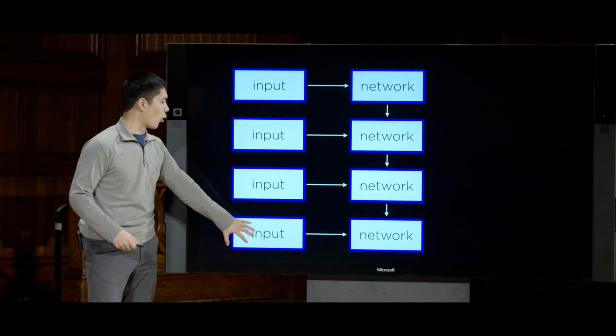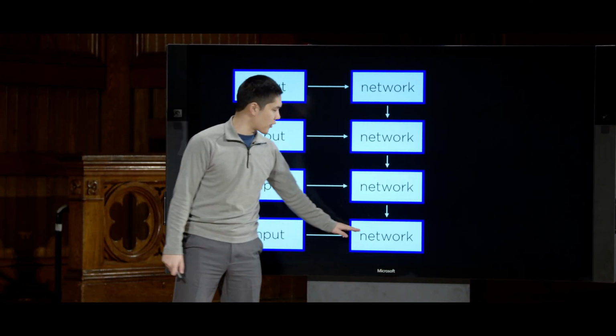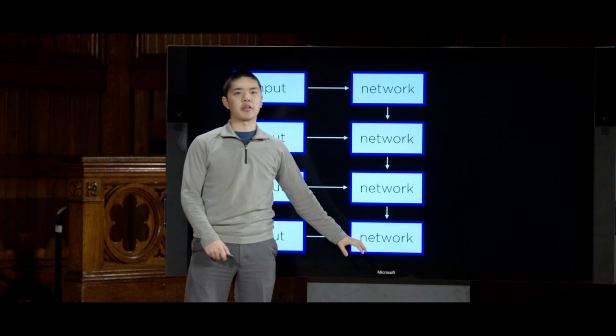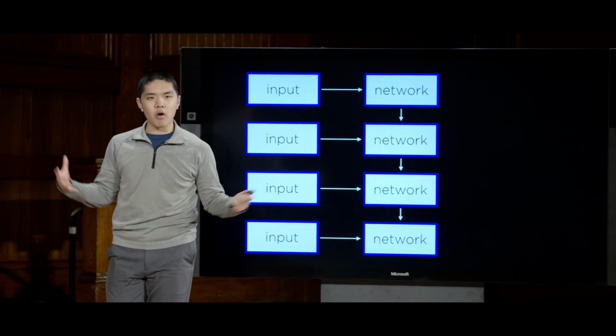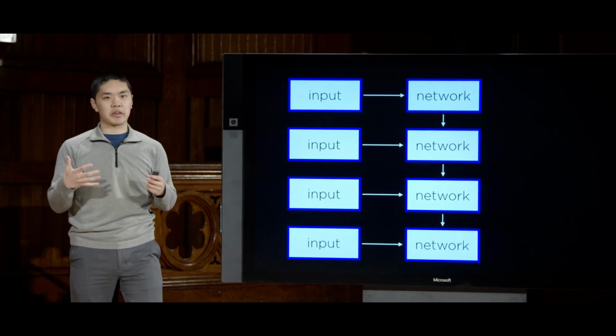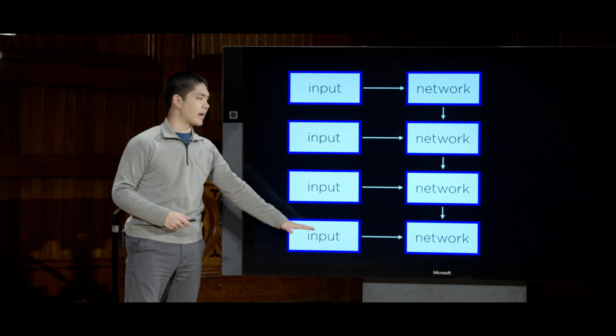So on frame number 4, you end up getting the input for frame number 4, plus information the network has calculated from the first 3 frames. And using all of that data combined, this recurrent neural network can begin to learn how to extract patterns from a sequence of data as well.